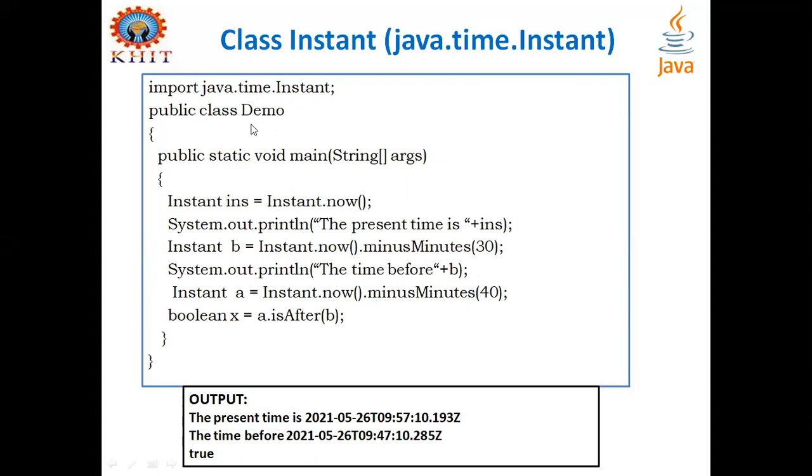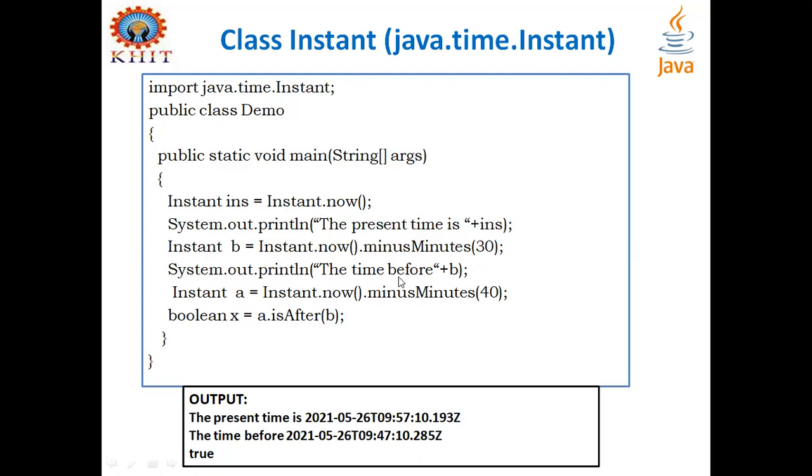In the main method of the Demo class, I have created an Instant object and called Instant.now to load the current time. In System.out.println, the present time is this Instant object containing the present time. And I'm taking Instant B for minus minutes, or you can do seconds also.